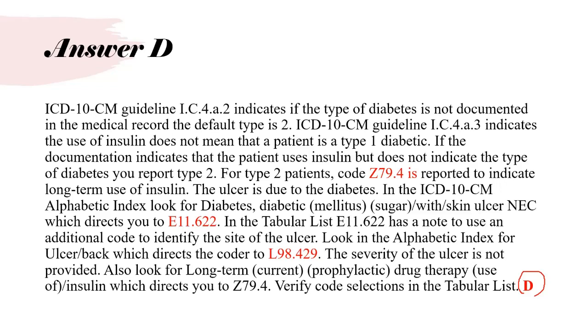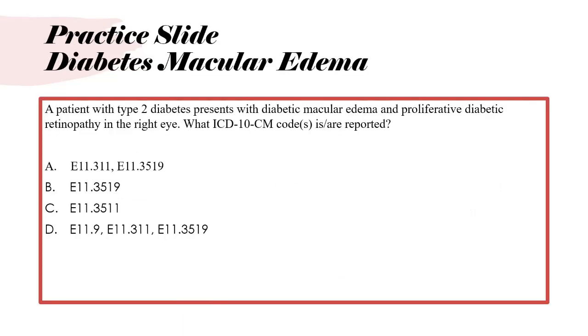Okay, let's try another one. This time we have a patient with type 2 diabetes with diabetic macular edema and proliferative diabetic retinopathy in the right eye. Okay, so what are you going to code for this particular question? Okay, so hopefully you've had a moment to review the slide.